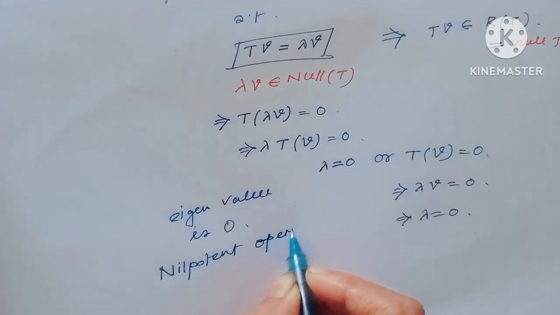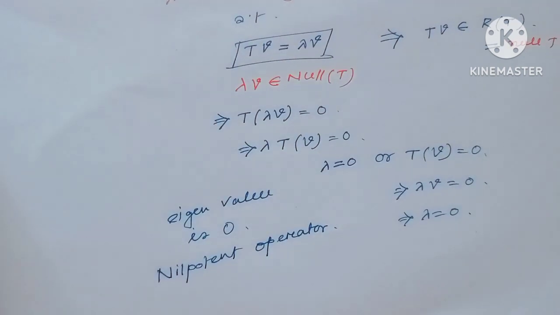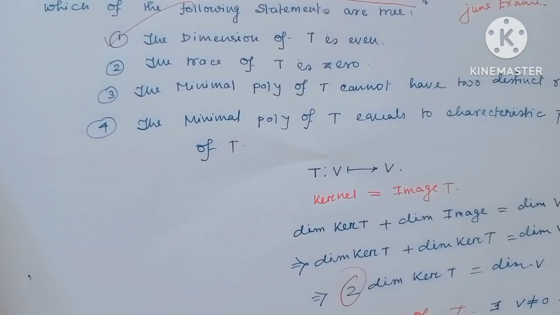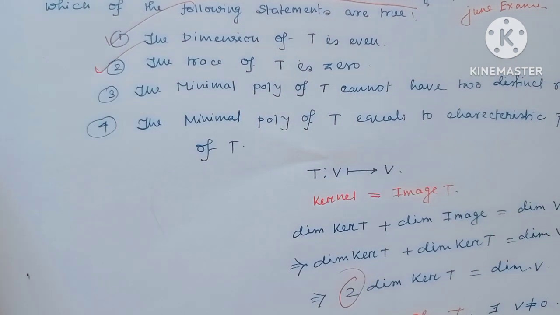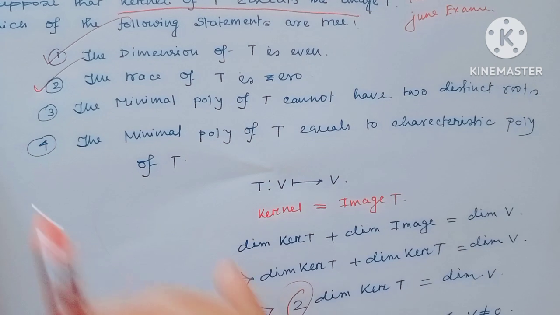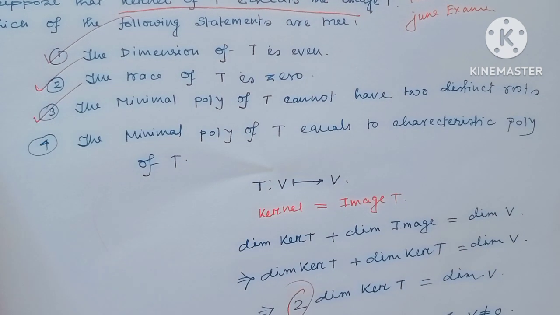That means this type of operator, when null space and range space are equal, is called a nilpotent operator. So the trace of T is 0, obviously this is true. Third option: the minimal polynomial of T cannot have two distinct roots. Obviously this is also a right option, because here the only root is 0.